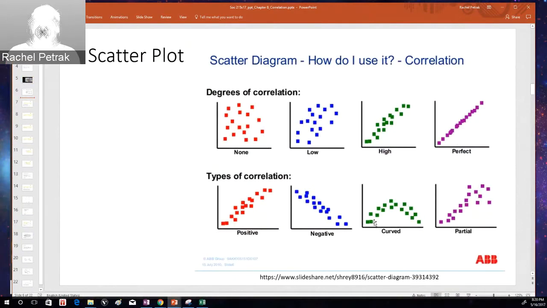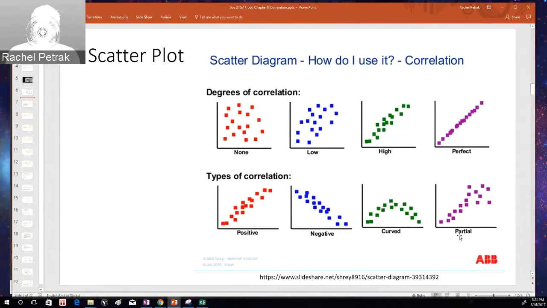This is sometimes called curvilinear. You can see how it generally follows a line, but the line is curved, and when you reach this point in the middle here, the values on y start to go down. So the direction of the correlation changes at a point on the line, and that's a curvilinear.